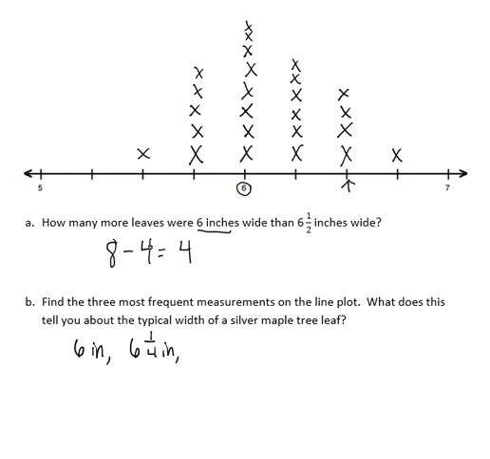And then if we look at right before the 6, this would be 5 3/4. That would be my 3rd most frequent measurement, and that tells me that our leaves are going to measure somewhere between 5 3/4 inches and 6 1/4 inches on a regular basis.